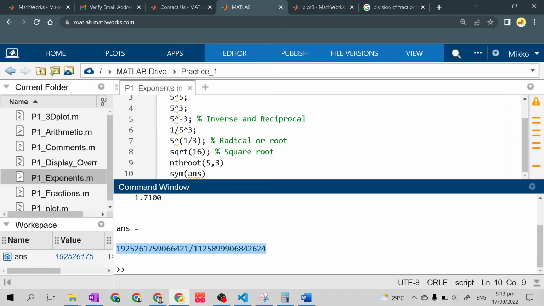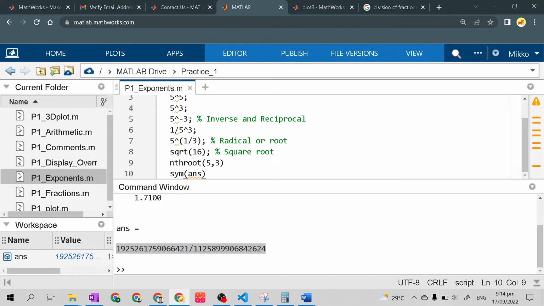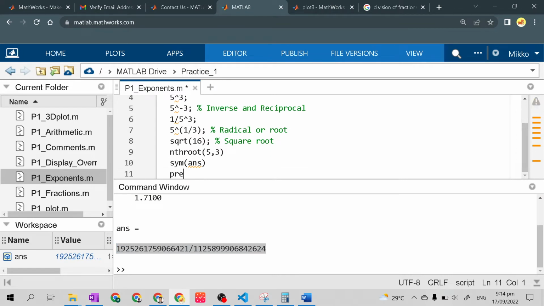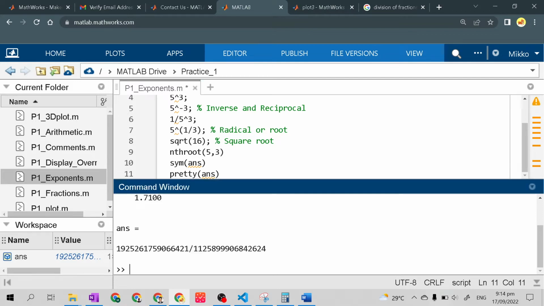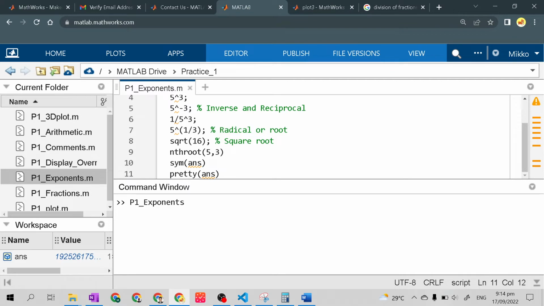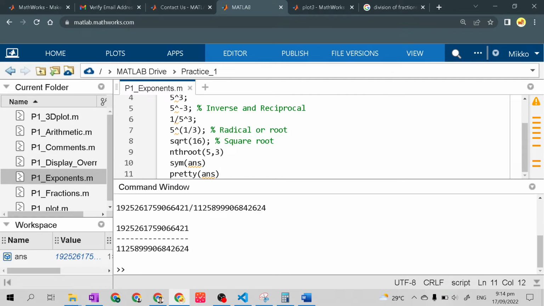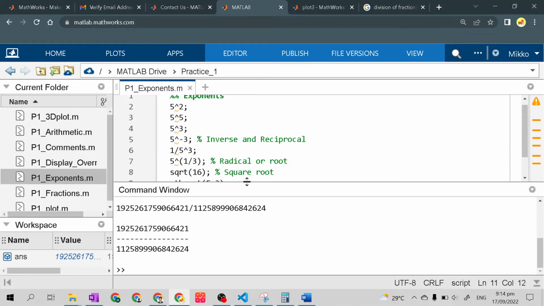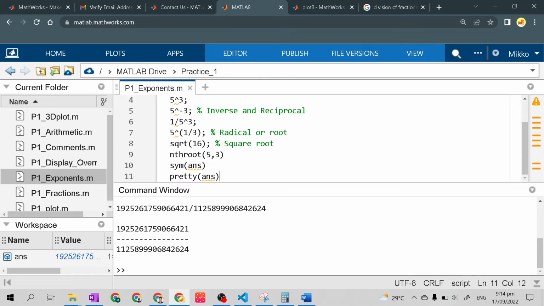So if your fraction answer is very long, convert it to decimal. If you want to prettify this, yes, you can prettify this. Pretty answer, and F5. This is what it looks like when you make it pretty. Next.